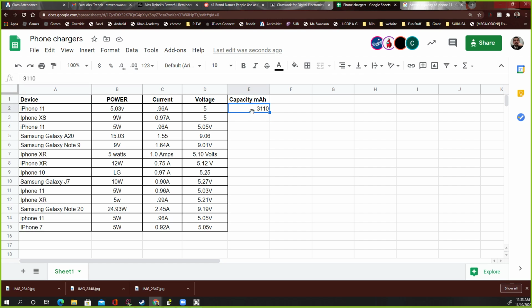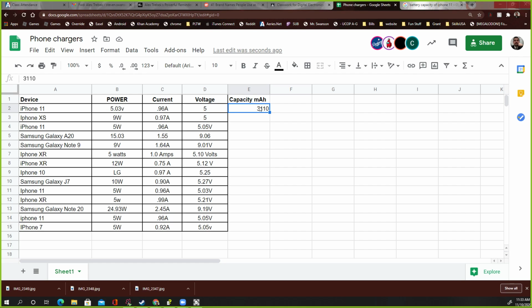So what does this mean? That means that this battery holds this much power, and if it holds this much capacity, milliamp hours, what that means is 3,110 milliamps for 1 hour. So you could draw 3,110 milliamps of current out of this battery for 1 whole hour before it dies.